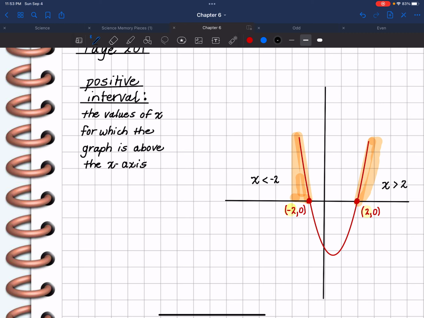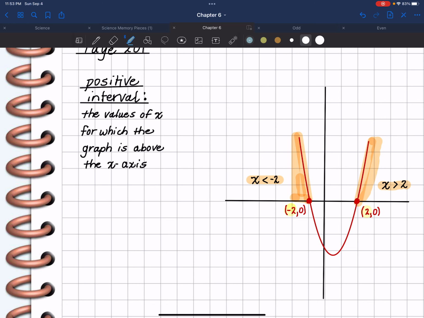Okay, so for our graph, the positive interval is when x is less than -2 or x is greater than 2. That's when the line, the red line of the parabola, is in the area above the x-axis.